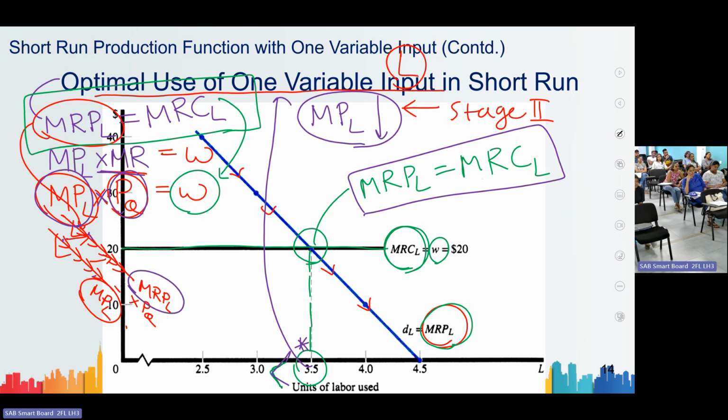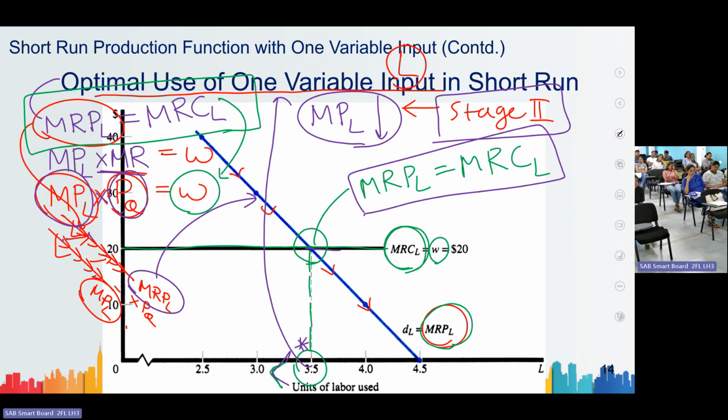And that curve is shown here. So we have a downward sloping marginal revenue product of labor curve because MPL is downward sloping in stage 2. And we have a fixed value of wage rate, that is marginal resource cost of labor.